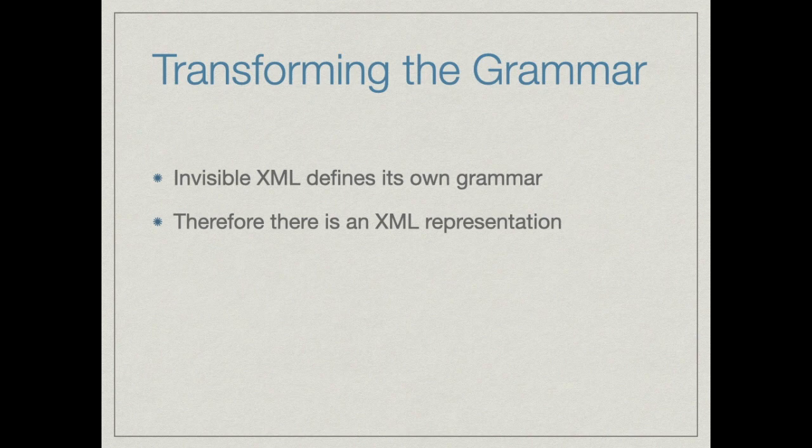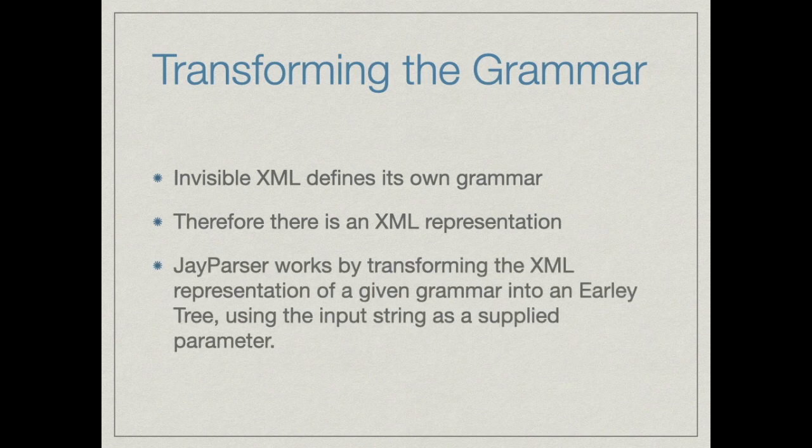It seems to me that XSLT's strongest use case is when transforming trees, especially tree-to-tree transformations. So it makes sense that the JayParser uses this XML representation as the tree input in a tree-to-tree transformation, processing it with the input string as a parameter, and then pruning the resulting Earley tree.